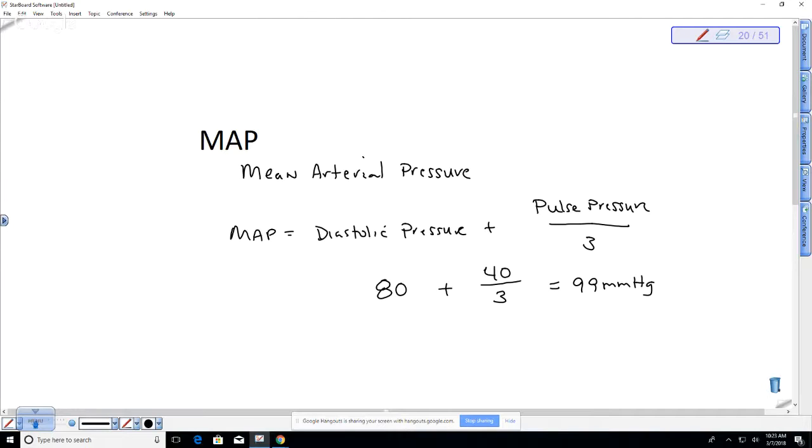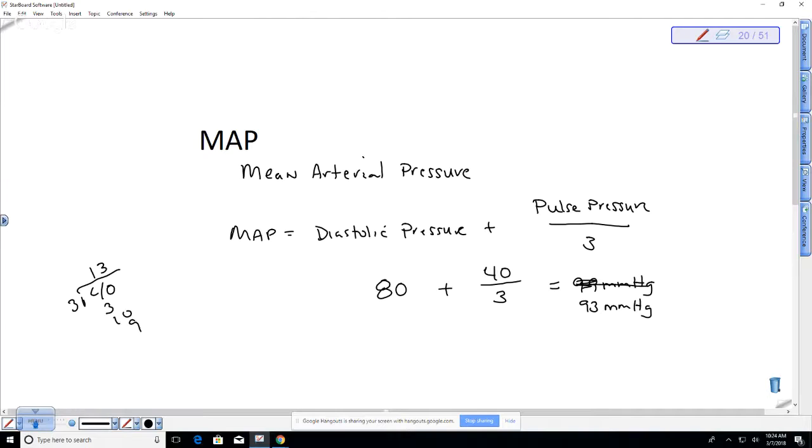So is that 1940 divided by 3? No, that's not right. Is it 96? Sorry. 40 goes into 3. 1, 3, 10 goes into 3, 9. Okay, so it'd be 93. Sorry. Can you go 80 plus 40 divided by 3?